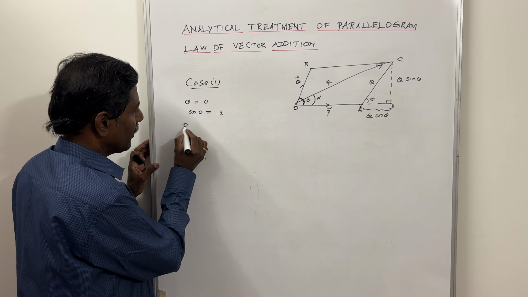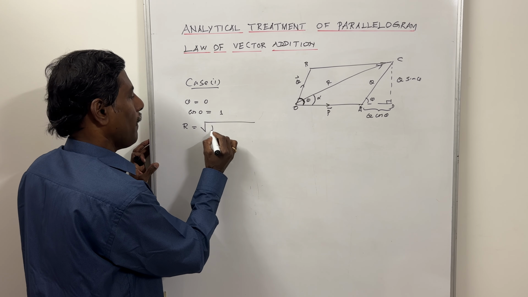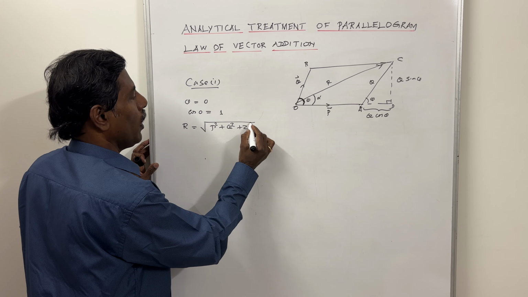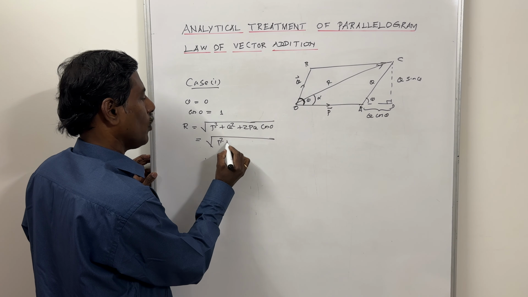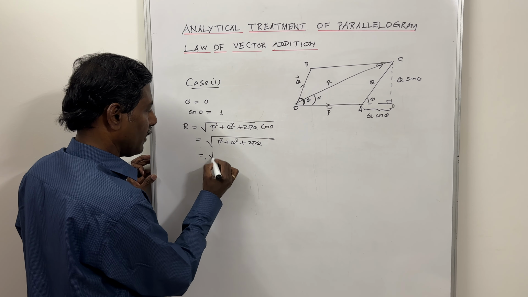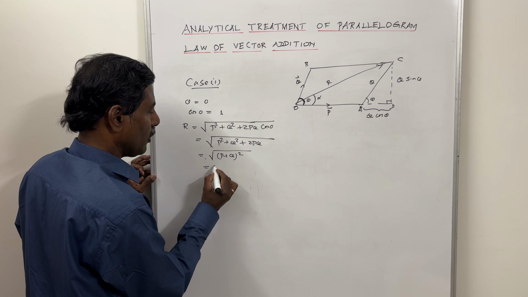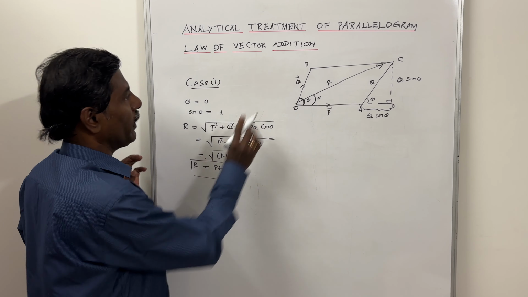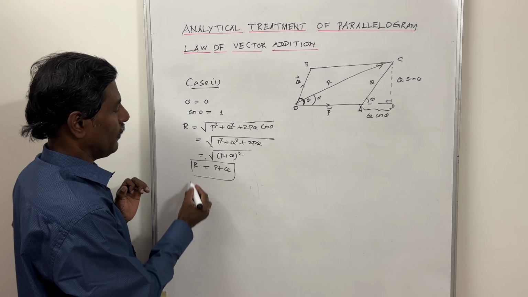Now the resultant magnitude is root of P square plus Q square plus 2PQ cos 0, cos 0 is 1, root of P square plus Q square plus 2PQ. This can be written using the identity as P plus Q the whole square. So the resultant is P plus Q. That is, if the two vectors lie on the same side, the resultant is the sum of the individual vectors.